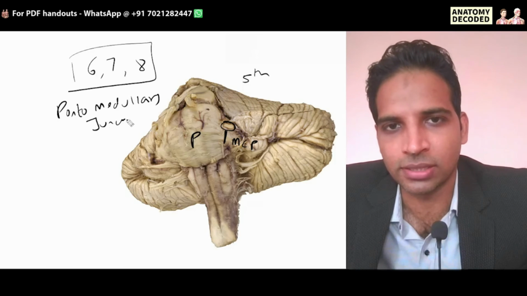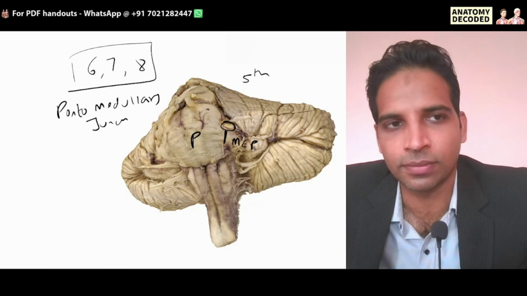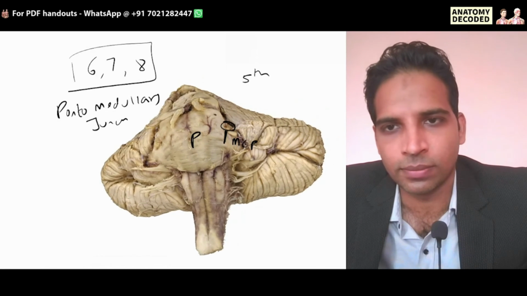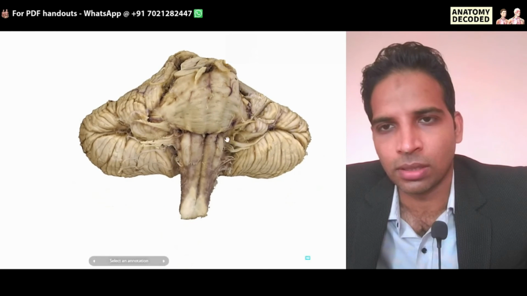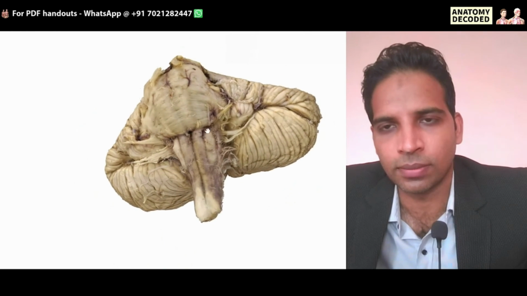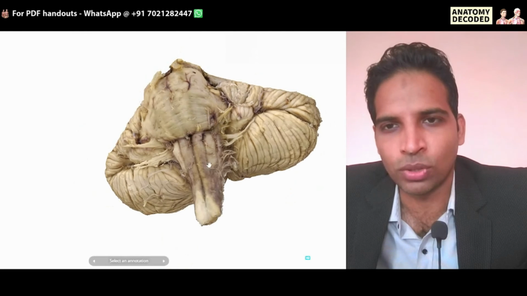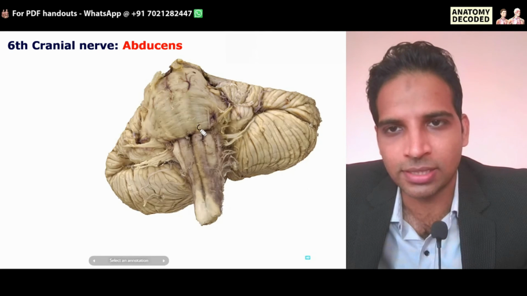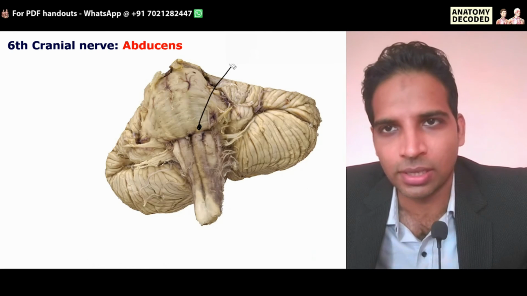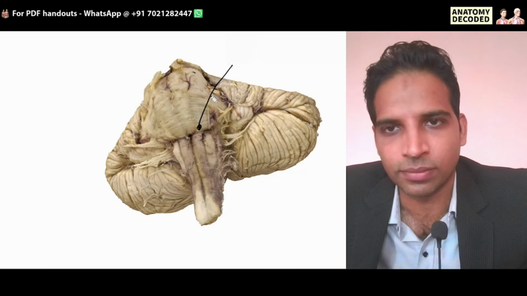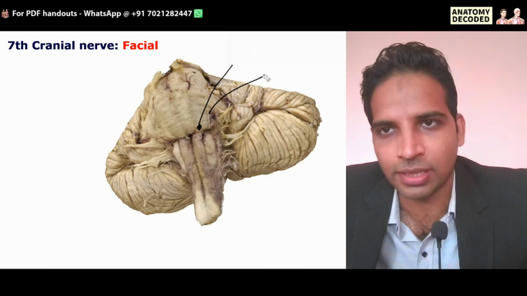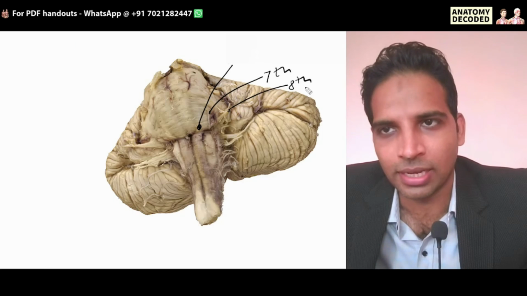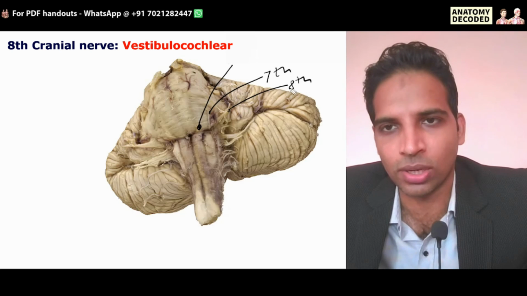So where is the pontomedullary junction? The junction between the pons and the medulla oblongata. Towards the midline, this nerve is the sixth cranial nerve, the abducens nerve, and this nerve here is the seventh cranial nerve, and the lateral most is the eighth cranial nerve, the vestibulocochlear nerve.